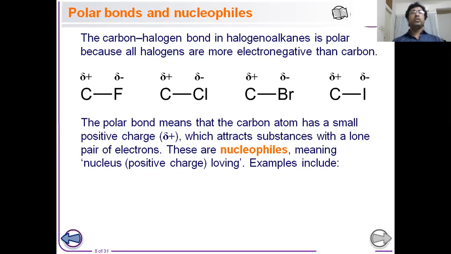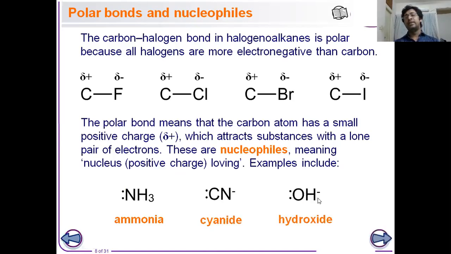That is why it loves to choose this C+, because this C+ has deficiency of electrons and nucleophiles have more electrons available. We can give some examples of nucleophiles like ammonia, cyanide ion, hydroxide ion. In all these species you can see a lone pair of electrons is available. So these are called nucleophiles because they can donate this pair of electrons.